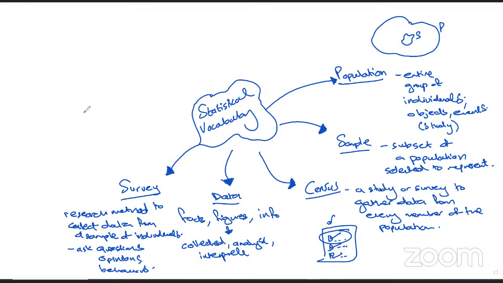That takes us to the next word, which is representativeness. Representativeness is the extent to which the sample actually reflects the characteristics of the population. So it's the one word that actually sums up what I just said.